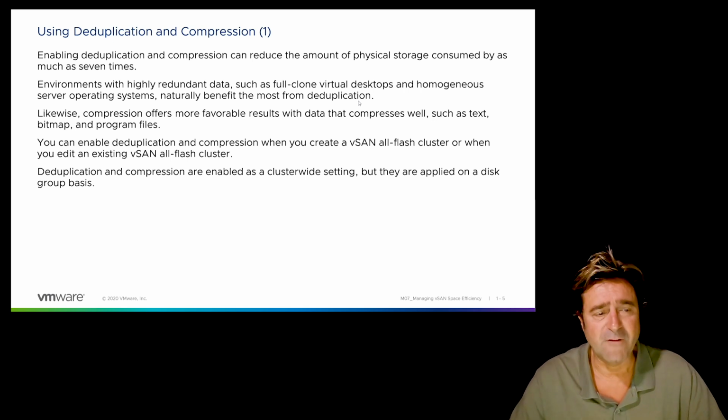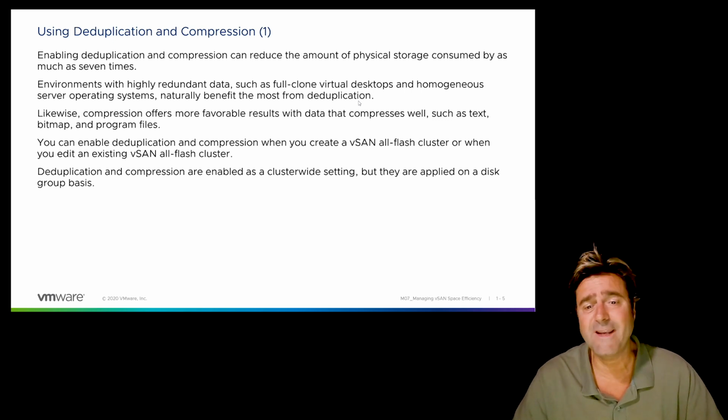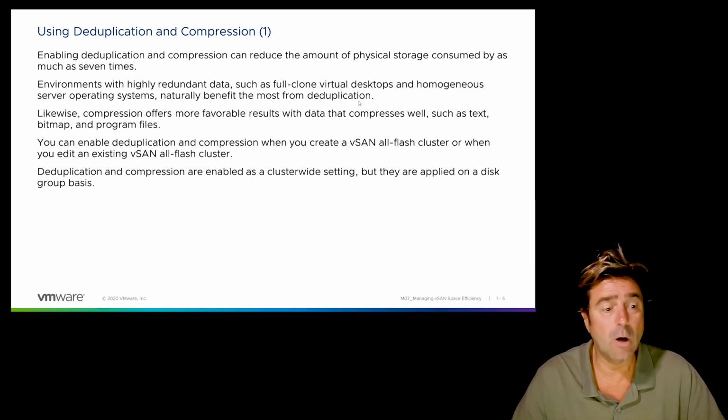Number two, if you take a look, it says environments with highly redundant data, such as full clone virtual desktops and homogeneous server operating systems, can definitely benefit from this feature.